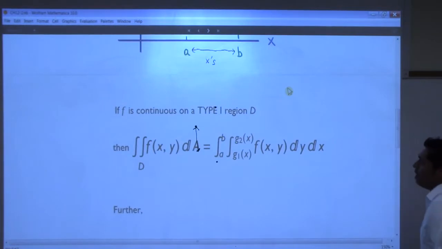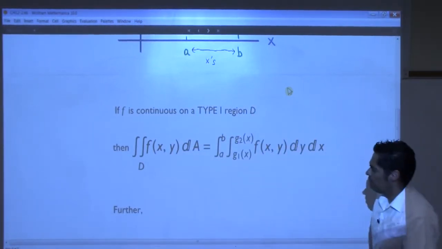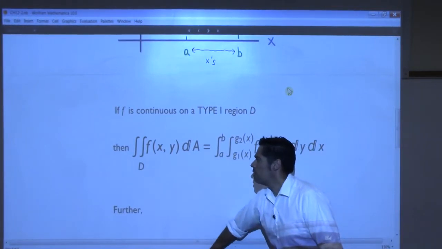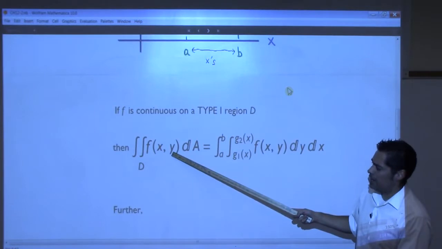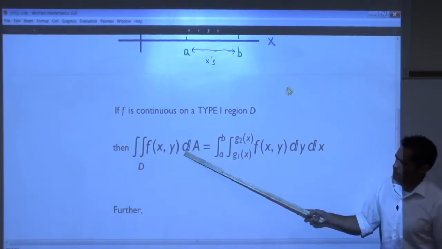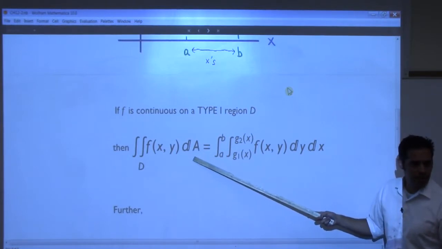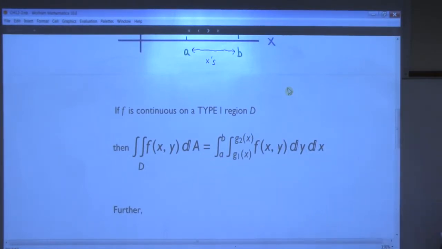And to integrate a type 1 region, we're going to do a double integral over the region D of the function f of x y with respect to what? Area, right? With respect to area. And this is the actual integral. So what's the big difference between this and what we did last time?